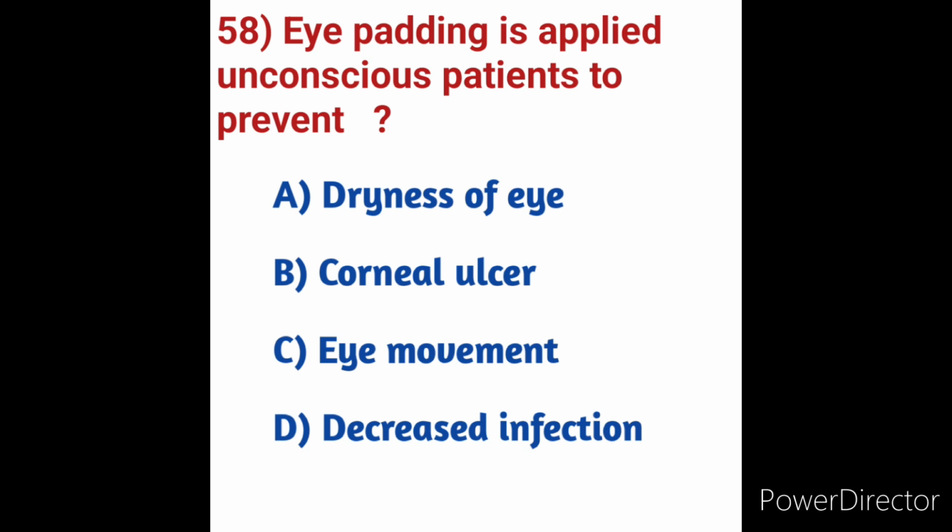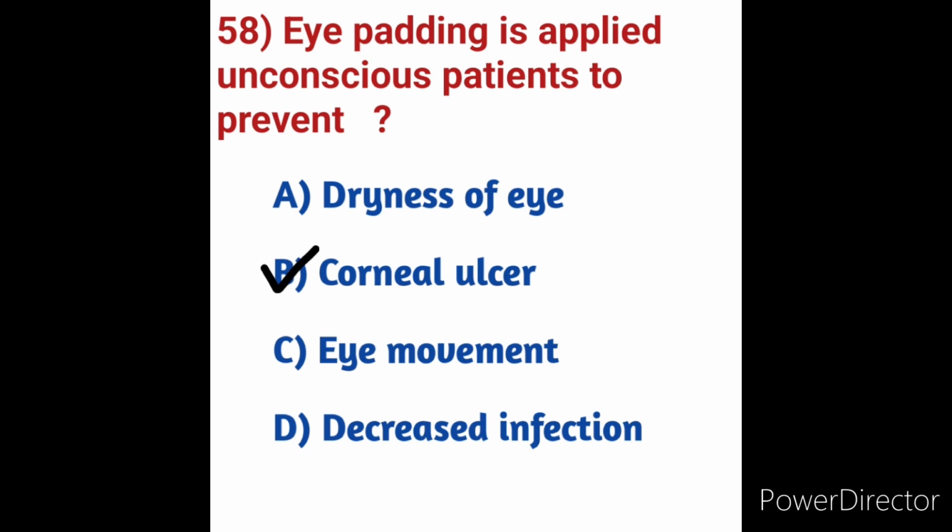Topical anesthetic drops should be avoided, as should local steroids unless there is marked edema, to prevent corneal ulcer. So here option B is the correct answer. Eye padding is applied to unconscious patients to prevent corneal ulcers.